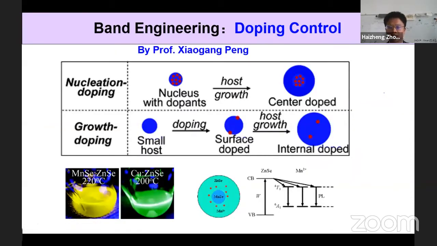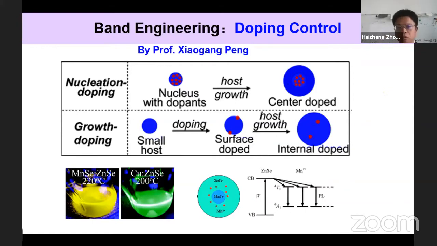So doping is another key point for semiconductors, because in bulk semiconductors, doping can control the conductivity, which results in the PN junction and other semiconductor devices.